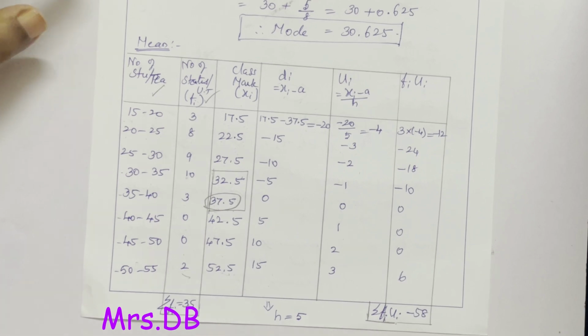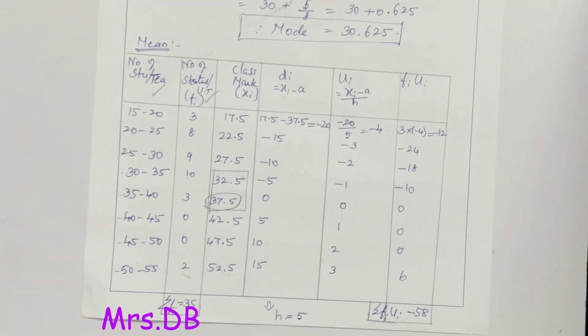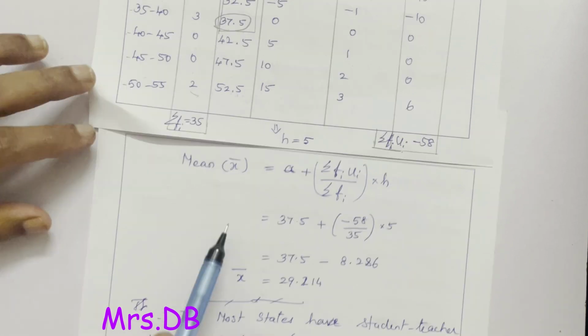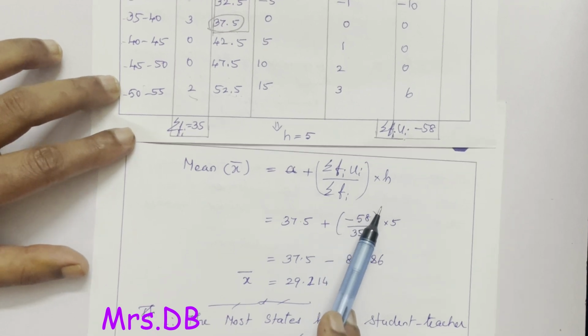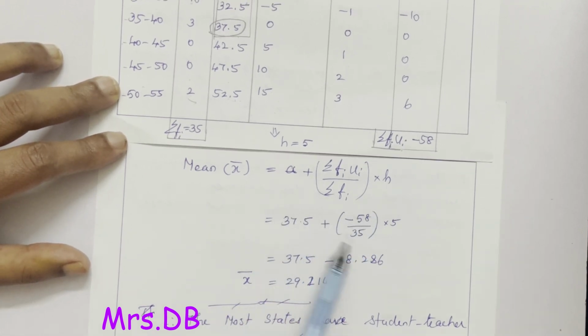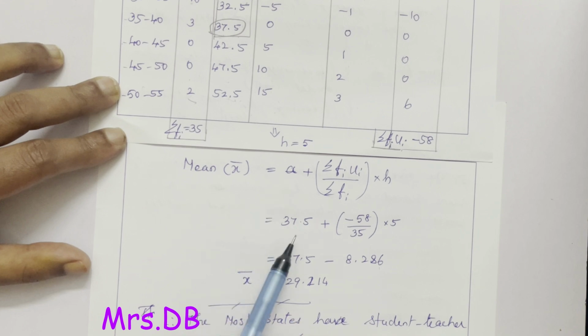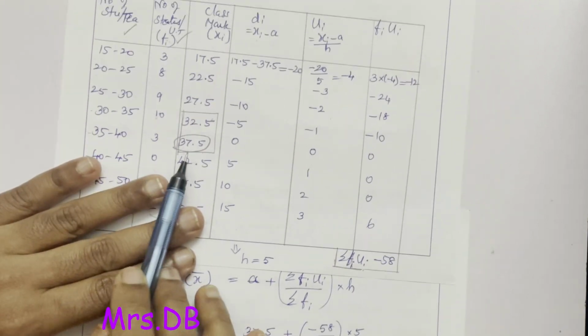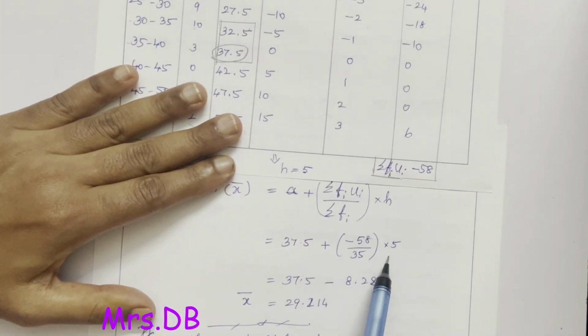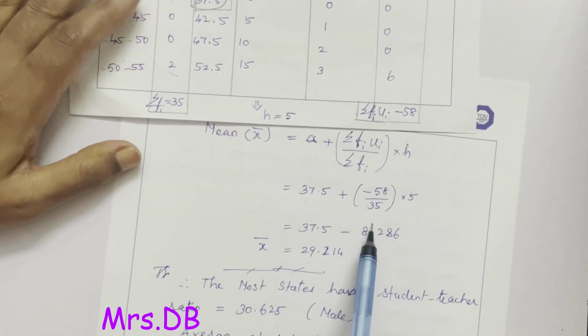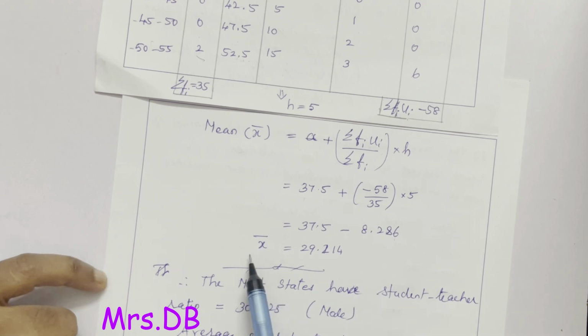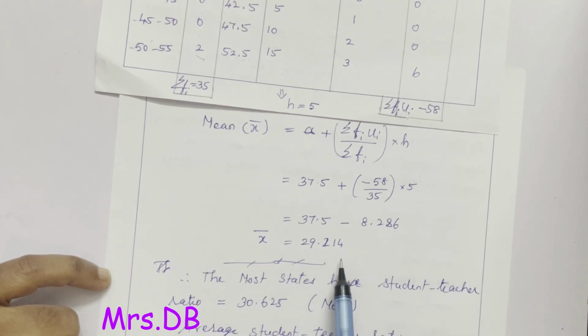The formula for finding the mean for grouped data by the step deviation method is x bar equal to a plus (sigma fi ui by sigma fi) into h. Substituting a is 37.5, h is 5, and sigma fi ui and sigma fi, and simplifying, finally x bar equals 29.24.